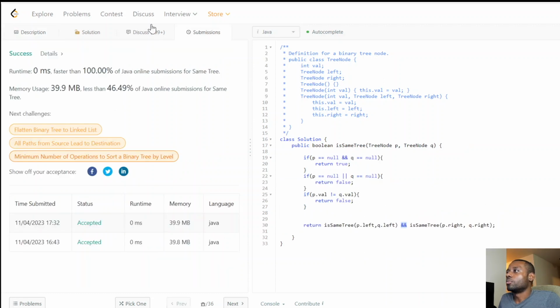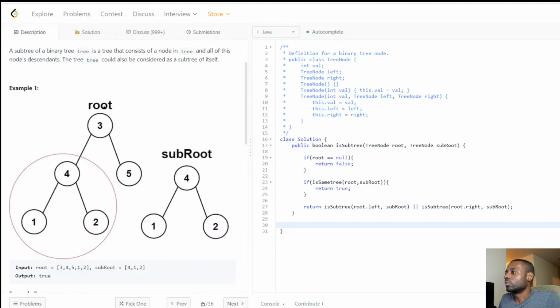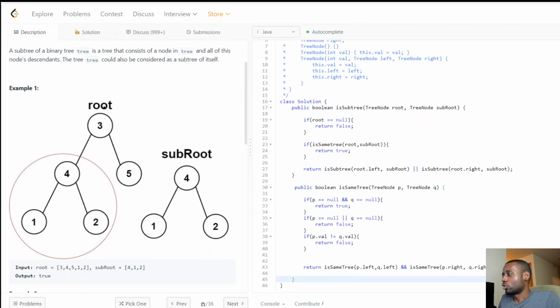So I'm going to copy this function that we've already done before, and paste it in here. This function's job is going to be to compare the different trees that are passed in, to check if they're structurally the same. To recap, it checks here if they're both null.